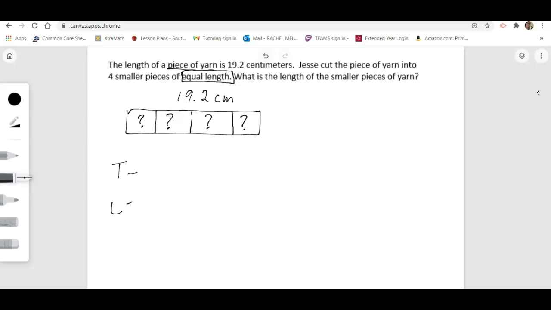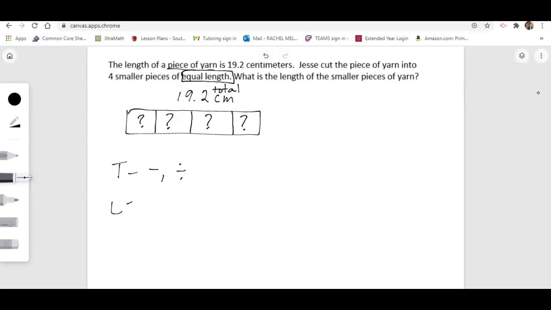So I can see from my strip diagram, I do know my total. And if I know my total, it's subtract or divide. I can also see that my labels are interesting because this is actually 19.2 centimeters, but this is the total amount, isn't it?